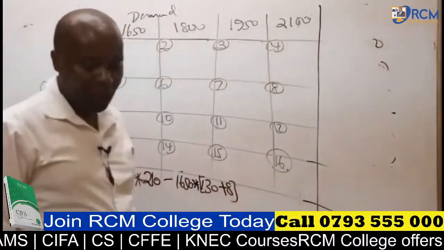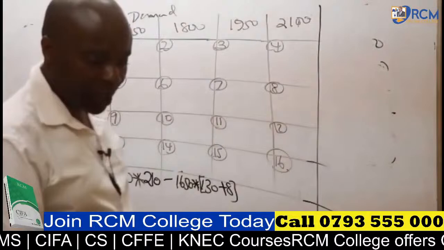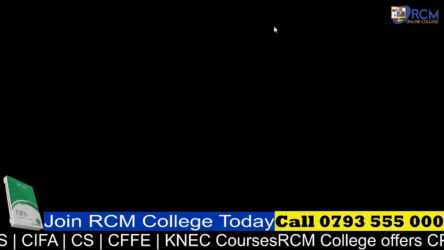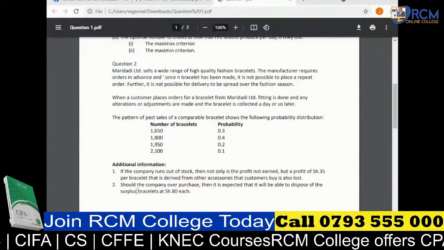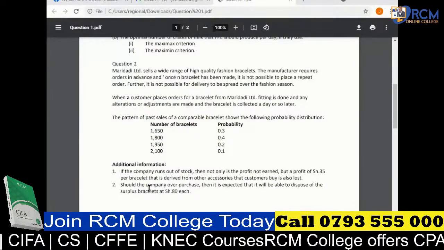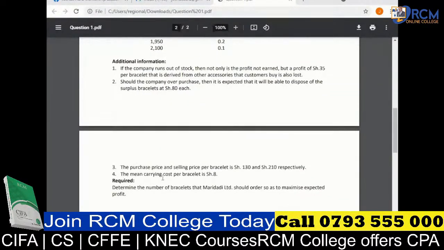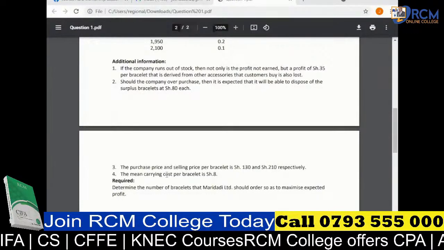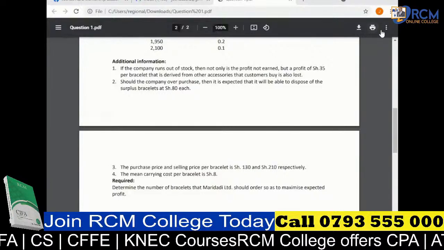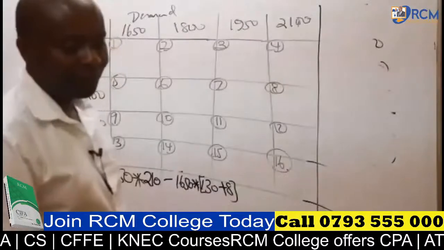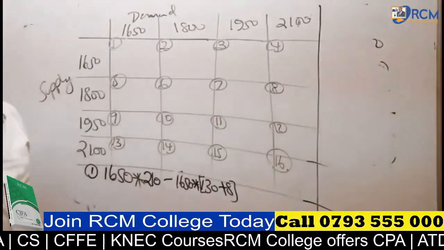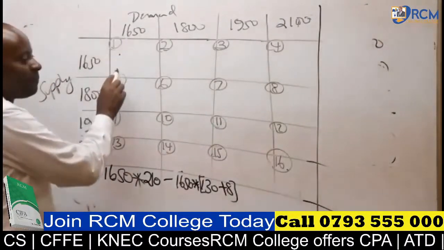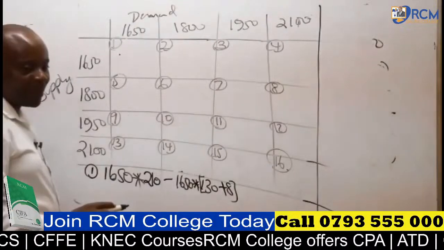They've given it to us down here in the question: the mean carrying cost. Carrying cost is the same as holding cost, for those of you who remember inventory management. So that gives us how much?